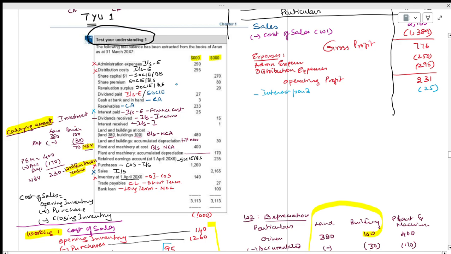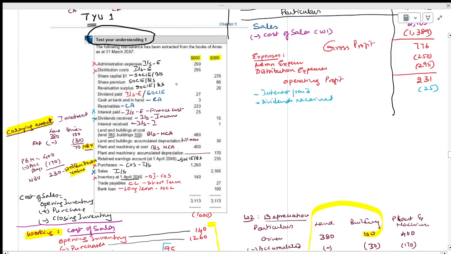Next, you have received some interest. Is it there? You have received some dividends also. How much? 15. Put one cross here. Add dividends received.